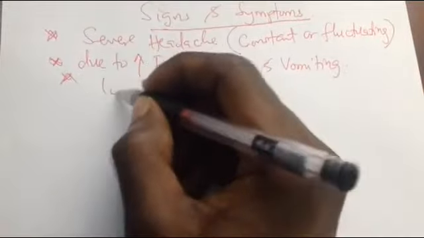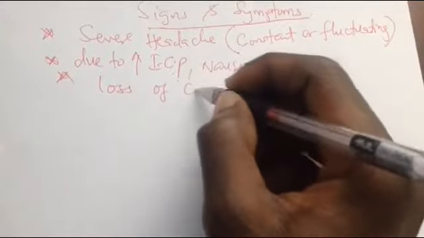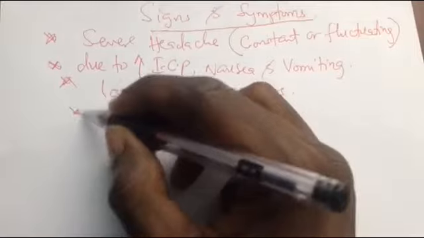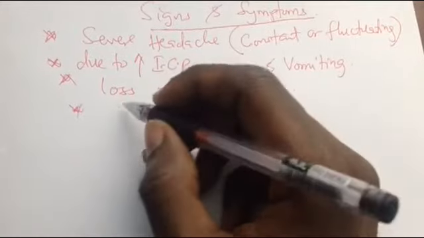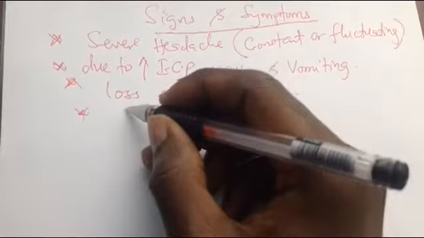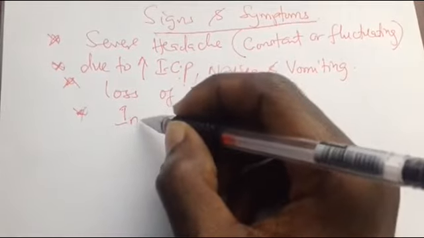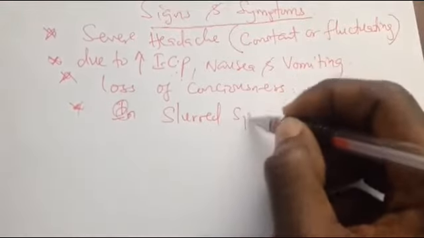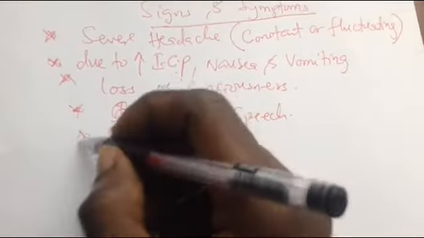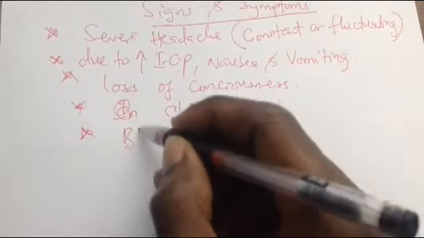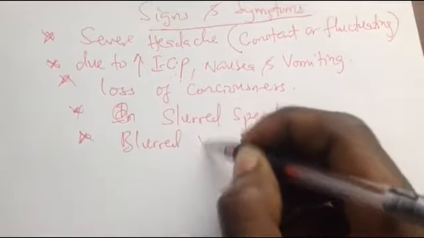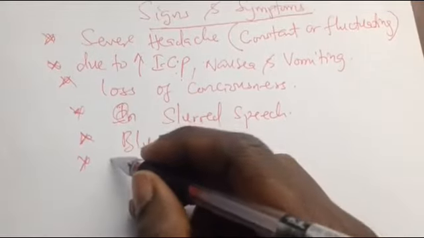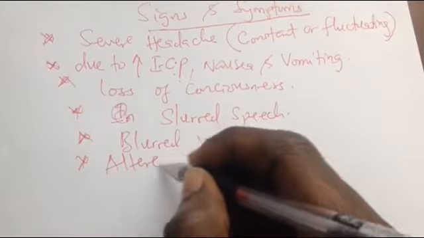Then the patient may lose consciousness. Again, the patient may have trouble speaking, that is inability to speak, or slow, slurred speech. Again, the patient may have blurred vision. The patient may have weakness, or an altered breathing pattern.